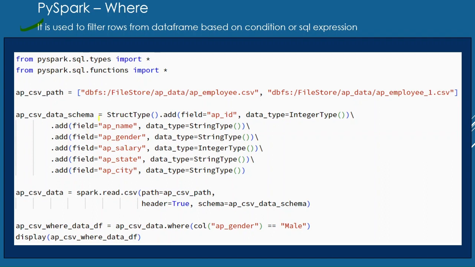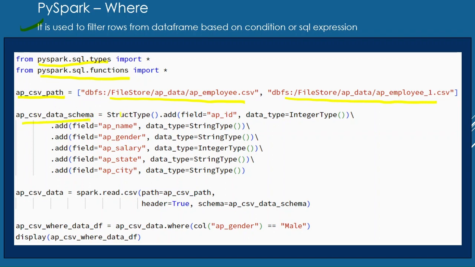So in this exercise, we are importing the required libraries. Here we are creating a list variable. In this list variable, we are storing the addresses of the CSV file which we are going to read with the help of this custom schema.